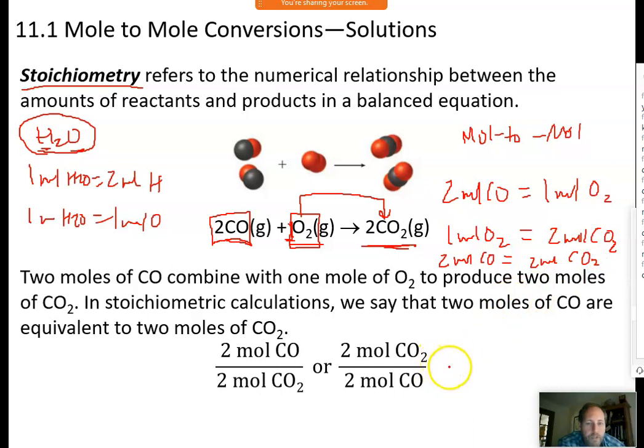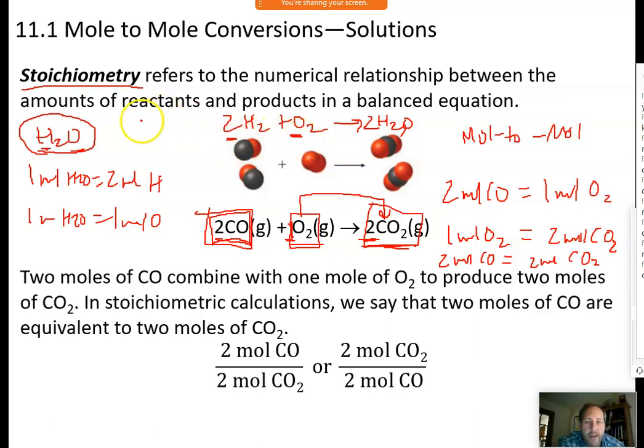Okay? So this is a new way of doing mole-to-mole conversions. It's the same thing. It's all comparing one thing versus the other thing, and I'm using the balanced equation in order to figure it out. If you remember the rocket lab, we did this in the rocket lab without you guys even realizing that we were doing this. Because we said that it was a 2-to-1 ratio of hydrogen and oxygen.